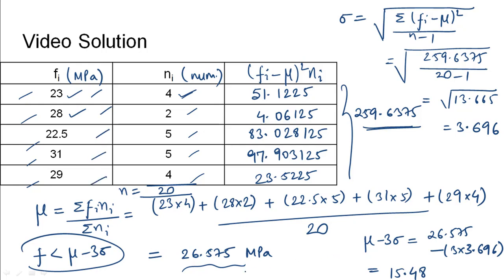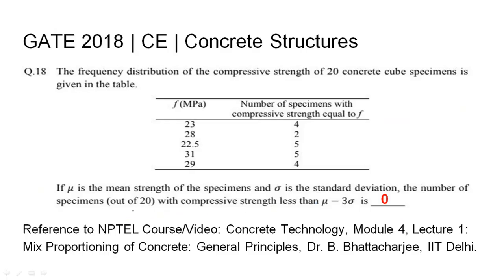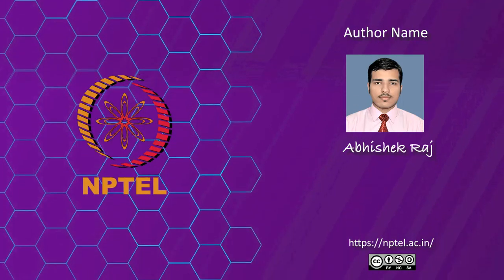So the number of such samples whose compressive strength is less than mu minus 3 sigma is 0. This will be our answer. So the number of specimens out of 20 with compressive strength less than mu minus 3 sigma was found out as 0. The relevant NPTEL reference has been listed.